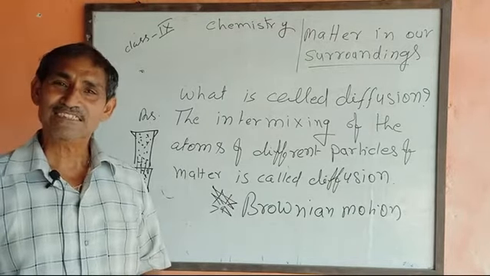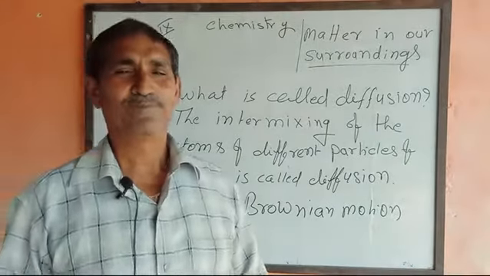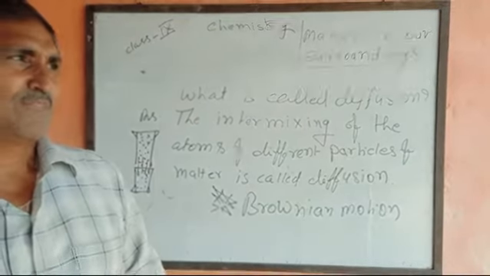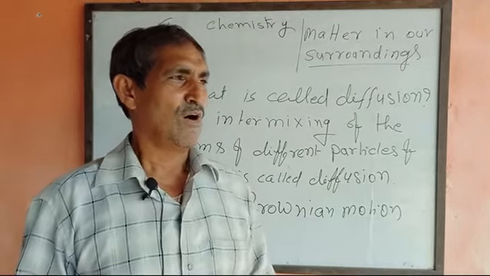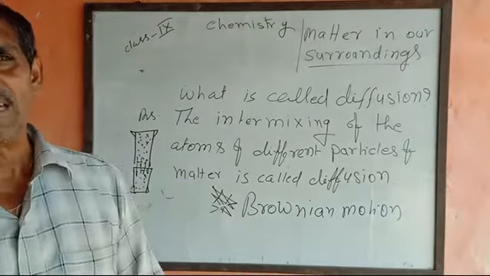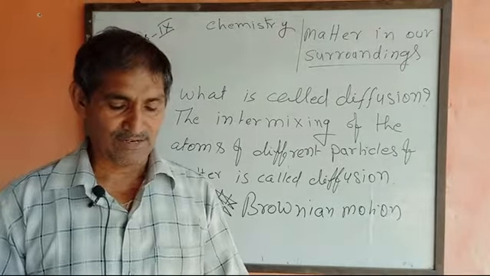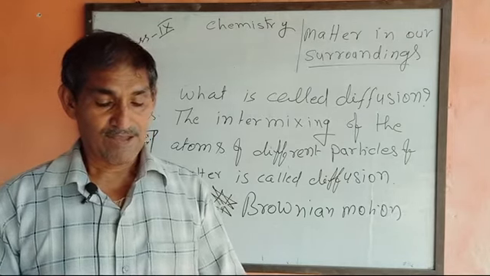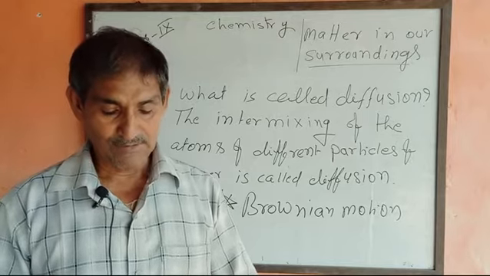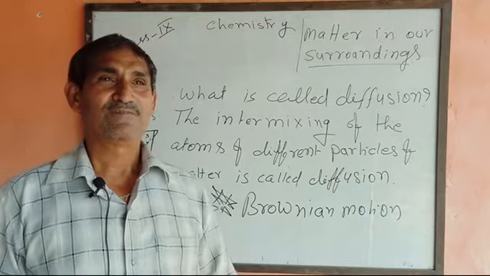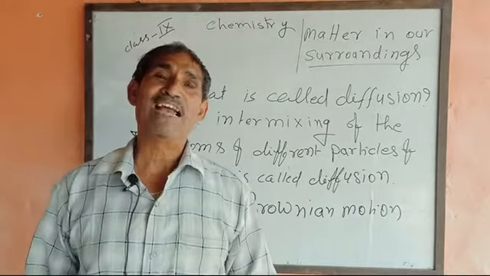The pollen grains move on the water surface due to colliding with each other. वाटर सरफेस पर ये पॉलन ग्रेन्स छोटे छोटे जो कण हैं ये आपस में टकरा करके मूव करते रहते हैं. Brownian motion can also be observed in gas. गैस में भी ये मोशन पाए जाते हैं.